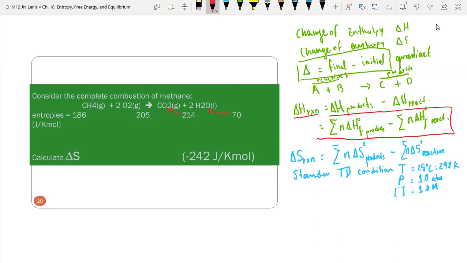So you will make a row here, another row. I like to put them separate. Probably the other one I will put on top of the equation. So here I will write delta H. You find on the data table the delta H for this, for this, for this, and for this.